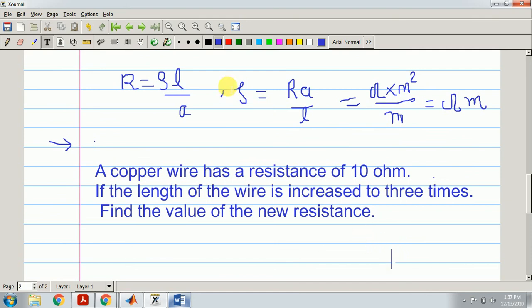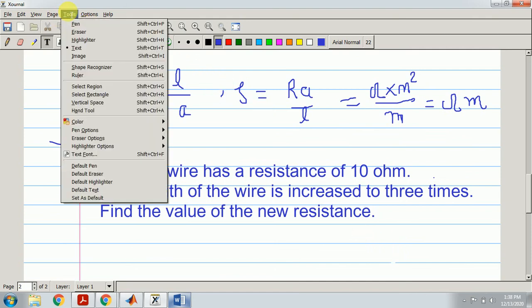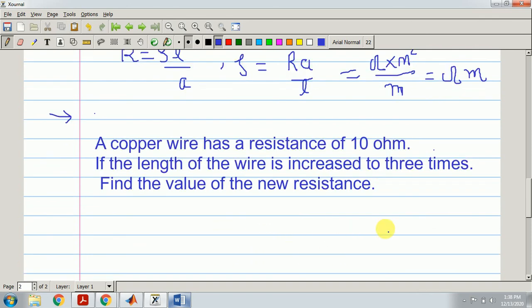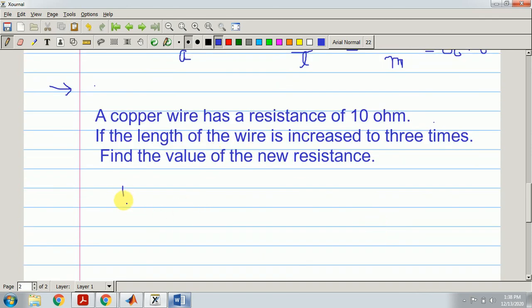Okay, so this is our problem. Now let's try to solve it. What is the value of resistance previously? It is 10 ohm, when it has length L and cross section area A.